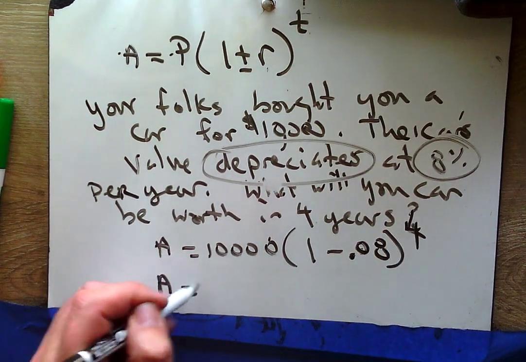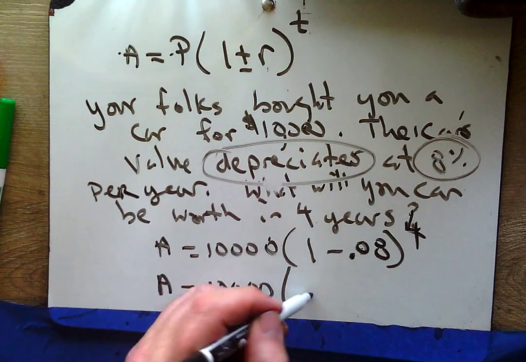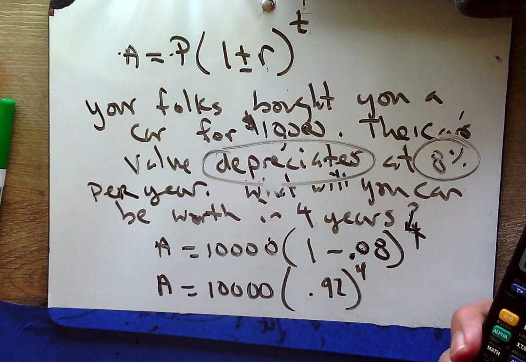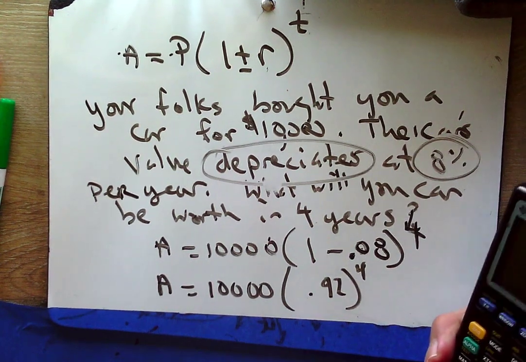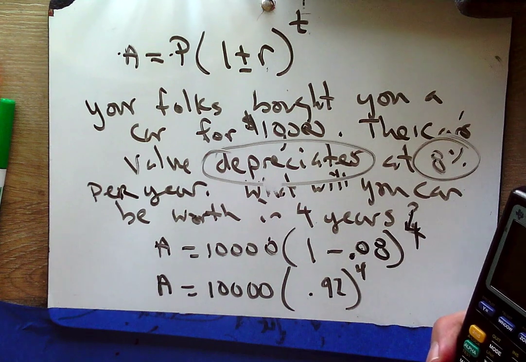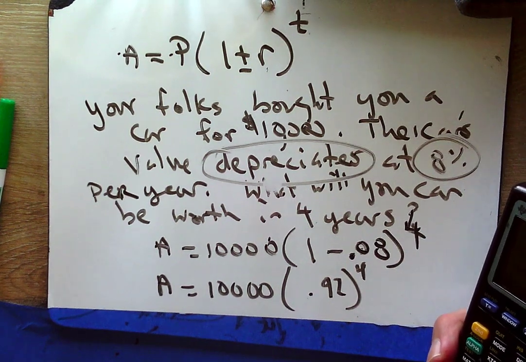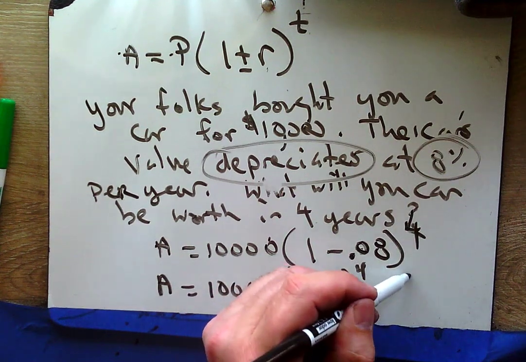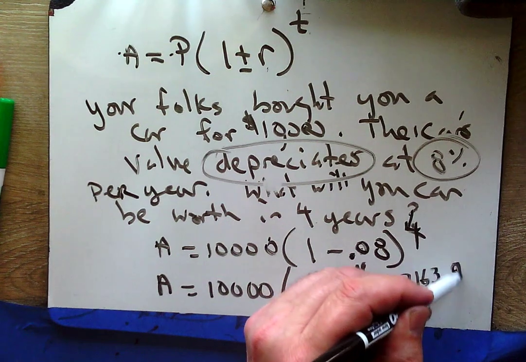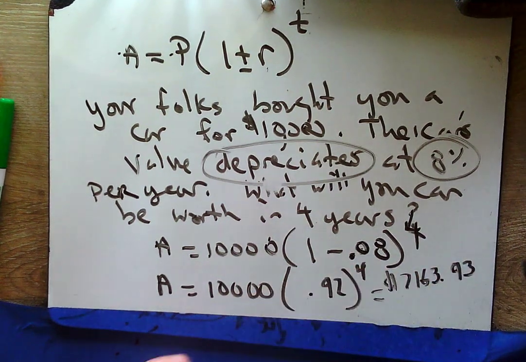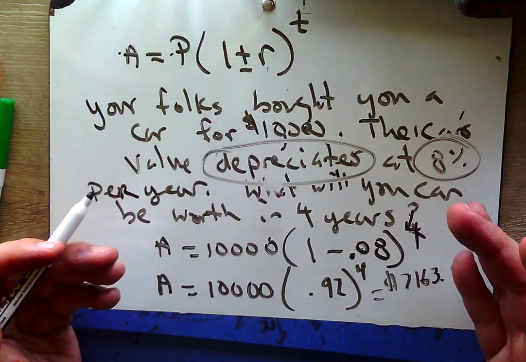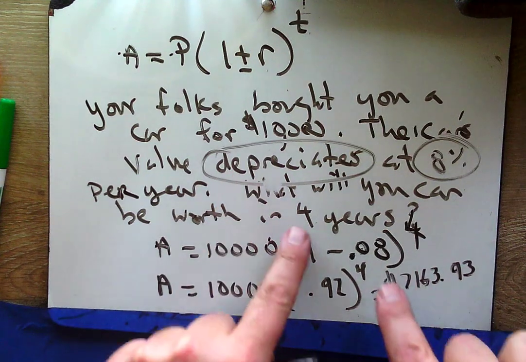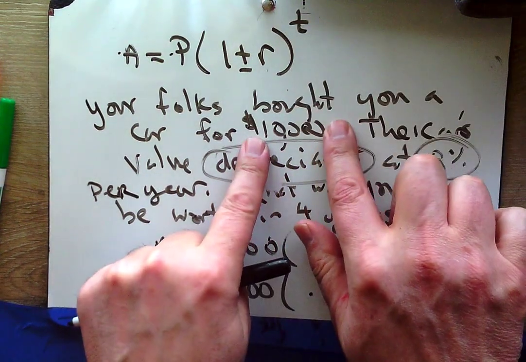So A equals 10,000 times 0.92 to the 4th. So 0.92 raised to the 4th, and I'm multiplying that times 10,000. I get the car's value will be a whopping 7163.93. I don't think this was an overly difficult problem because all I had to do was put the rate in there, the time in there, and the initial amount here.